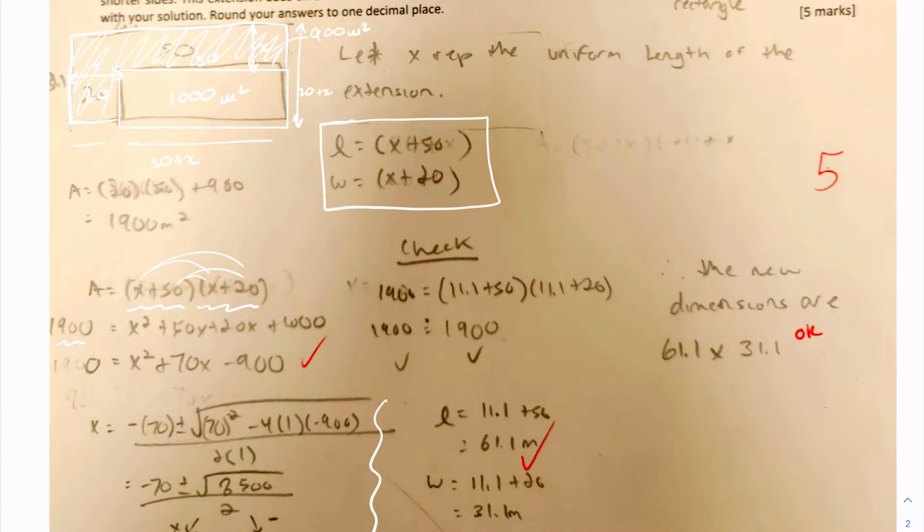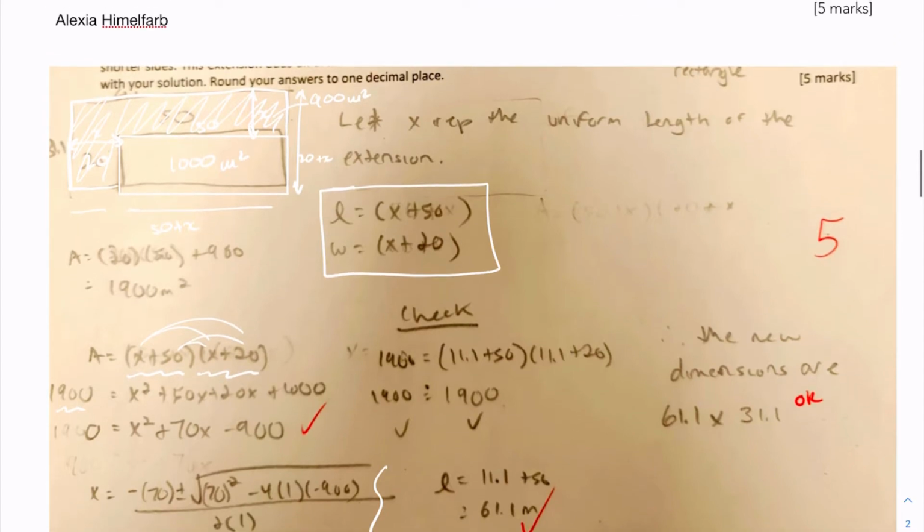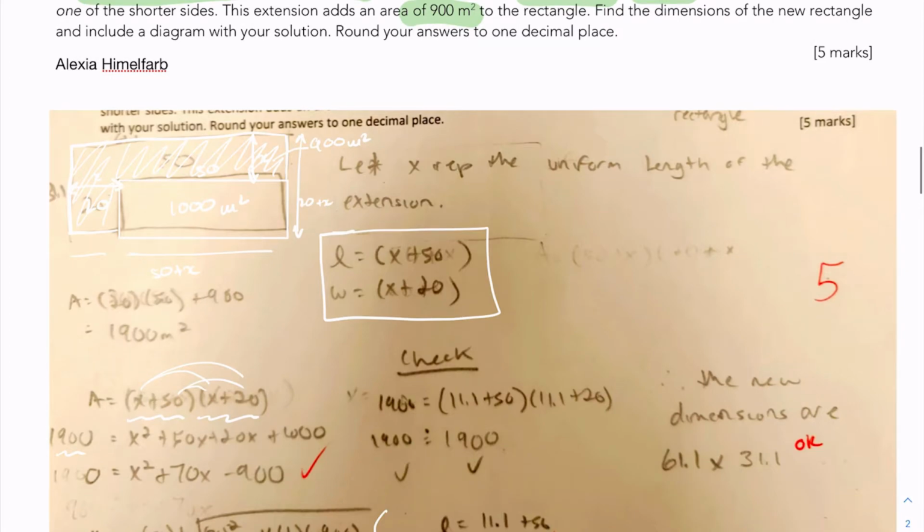I think you can calculate it for yourself, but you'll notice that she ends up with two answers, one positive and one negative. The negative she discards because you can't have negative lengths, at least not in this universe. So once she figures out that x value, the uniform width that's extended on all sides, she can then answer the original question, which was, what are the dimensions of the new rectangle?